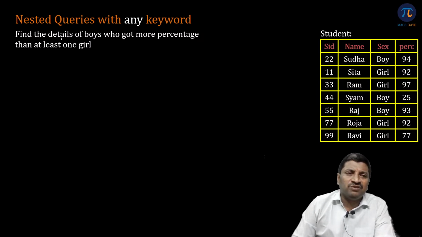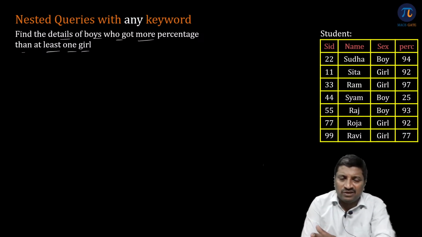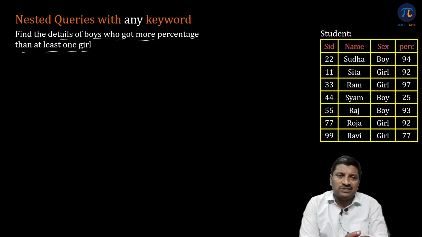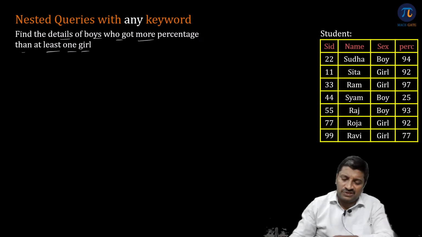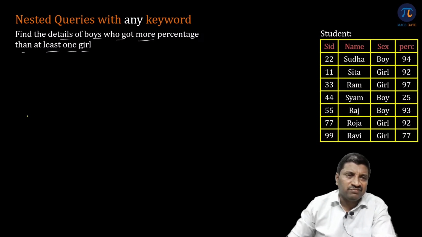Find the details of the boys who got more percentage than at least one girl. So first I need to list out all the percentages of the girls. Then I need to select the boys whose percentage defeats any one of these numbers, or whose percentage dominates any one of these numbers.